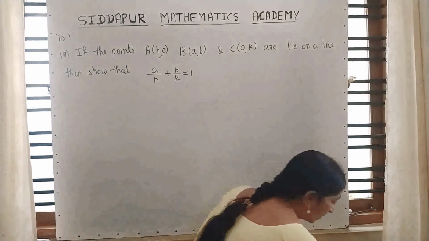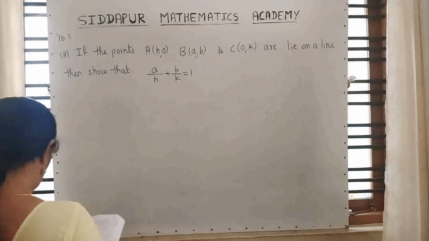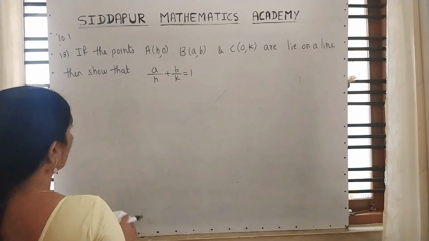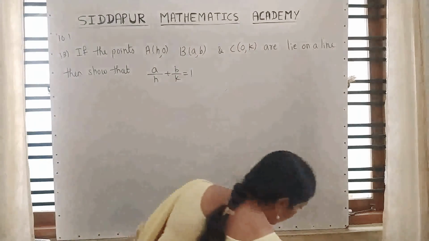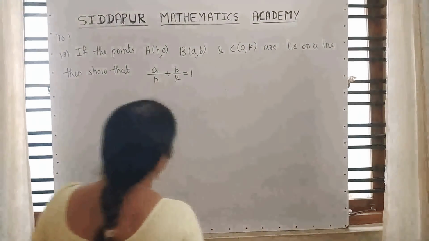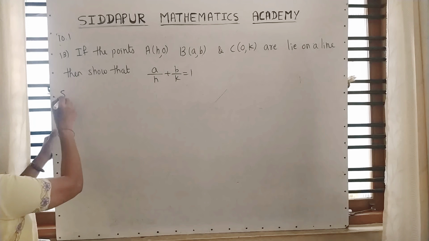If they lie on the same line, then show that. So it is already given they lie on the same line.